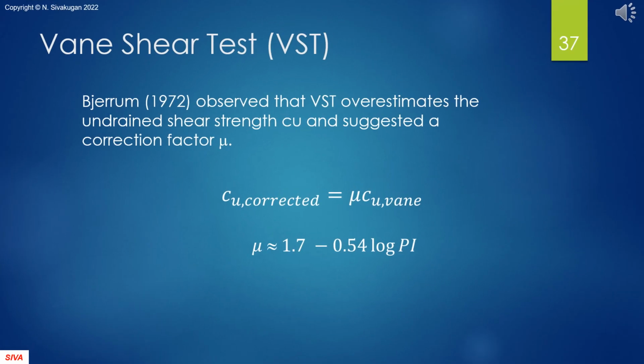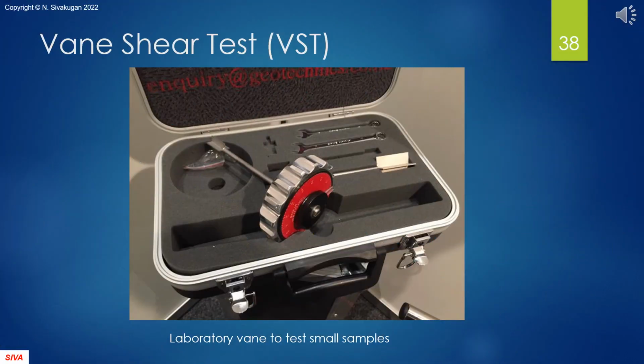In 1972, Bjerrum observed that the undrained shear strength is overestimated by the vane shear test and proposed a correction factor to multiply. Here is a mini vane used on the laboratory samples.